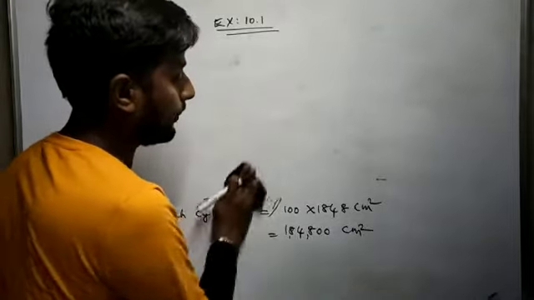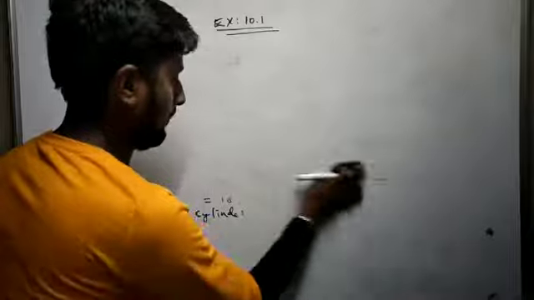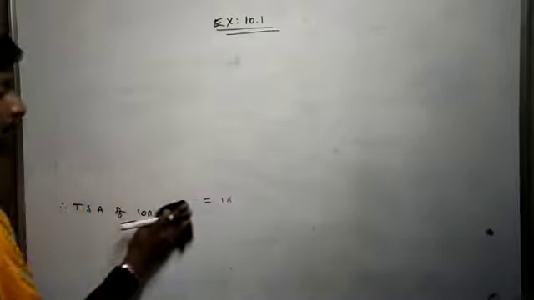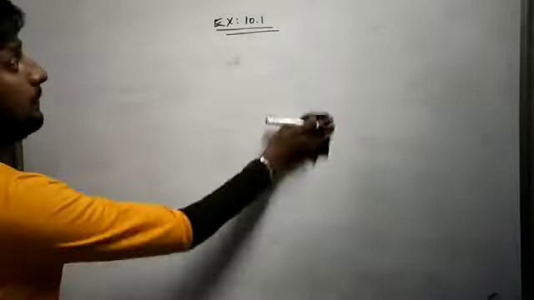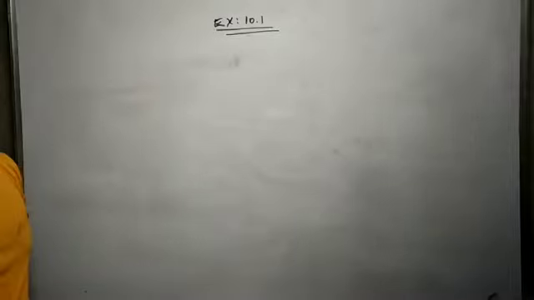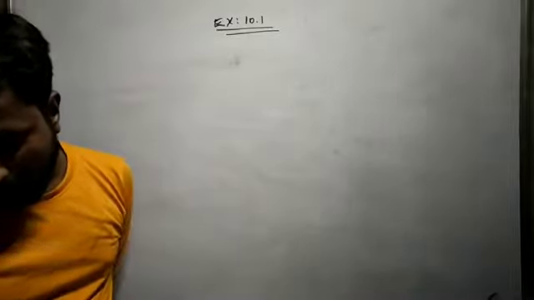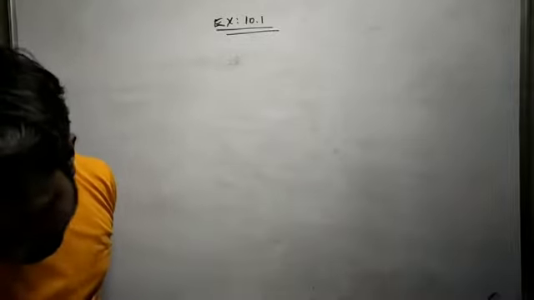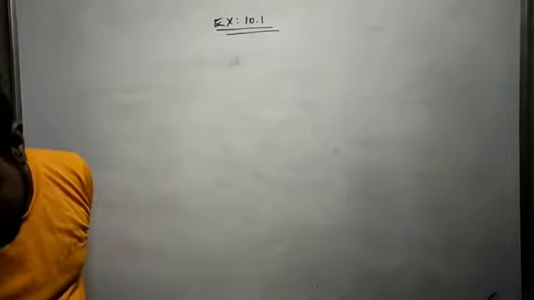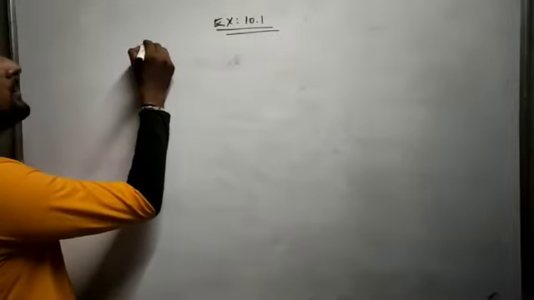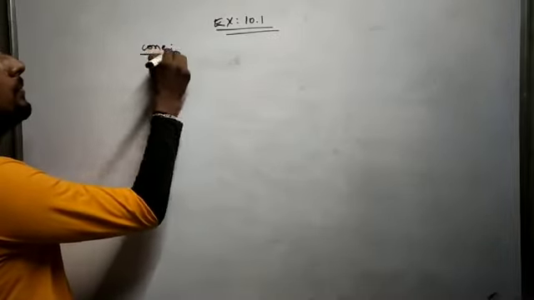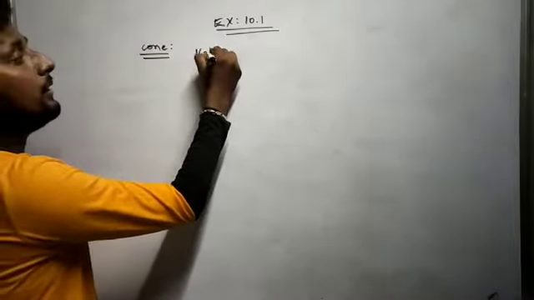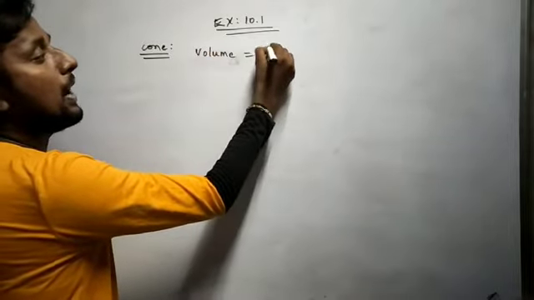We'll see the third problem now. Find the volume of a right circular cone with a radius of 6 centimeters and height 7 centimeters. So it is about a cone, and it is asking to find the volume.